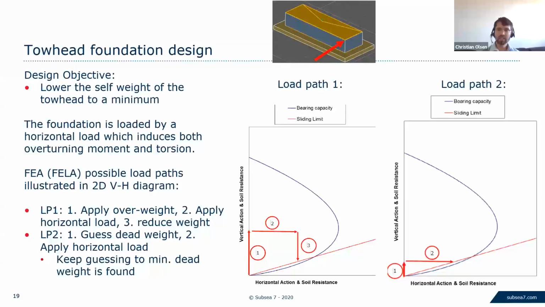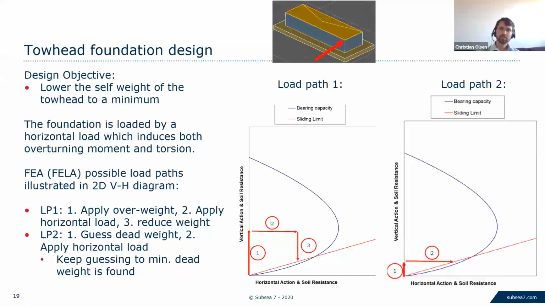Any additional weight we apply here is money that's spent on fortinet. So the design objective is really to lower the weight of the towhead to an absolute minimum. And as I said before, the load is applied on this corner here, so it gives both overturning and torsion at the same time.